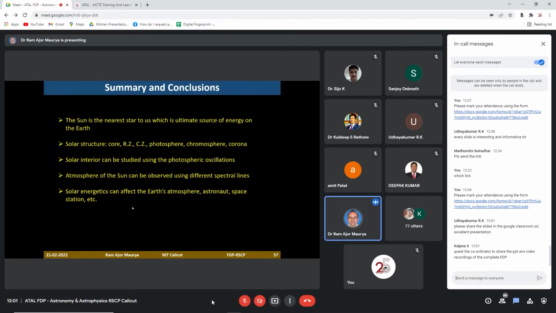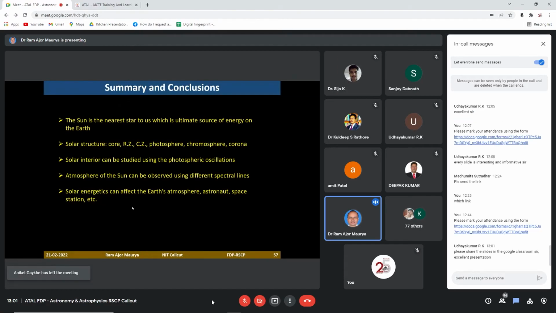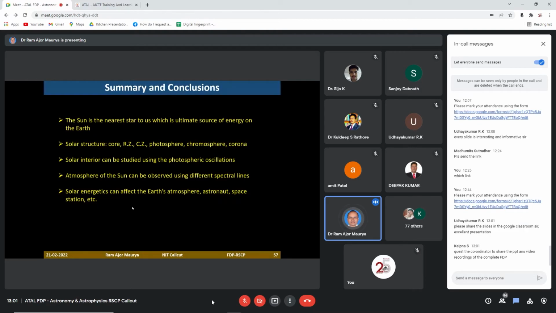Then you can see some colorful layers, some colorful features that belong to the chromospheric emission, H alpha emission. In the chromosphere we have some features, for example filaments. You can see dark features like this, just above the photosphere, in H alpha.